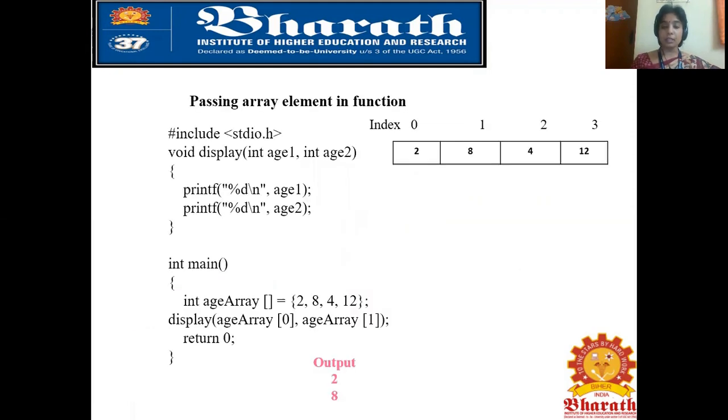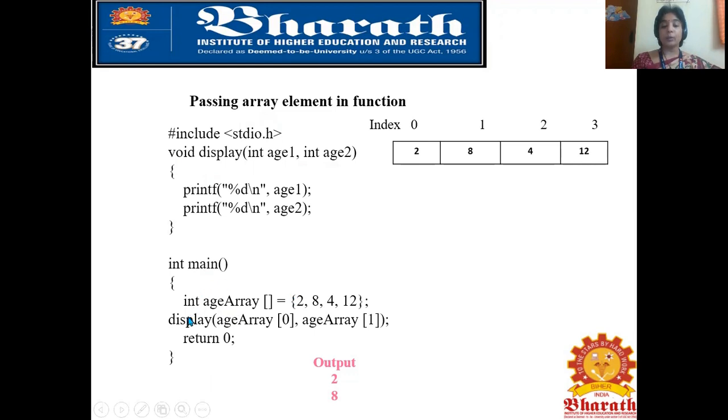So in the first case, we are going to pass the array element as a parameter to the function. Let us consider a program. It has a main function and we have defined an array named age array, which is going to store 4 values of ages of 4 different persons.